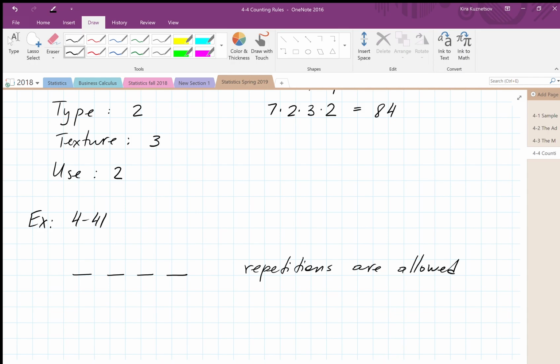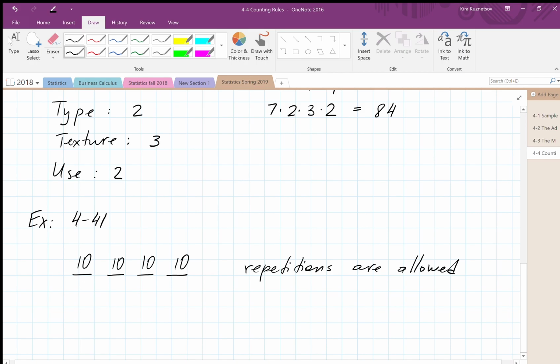We are using a counting rule to determine the number of different plates. If you only have 4 slots, there are 10 possibilities for slot number 1, meaning 0 through 9. Those are my digits. There are 10 possibilities for slot number 2, 10 for the third one, and 10 for the fourth one.